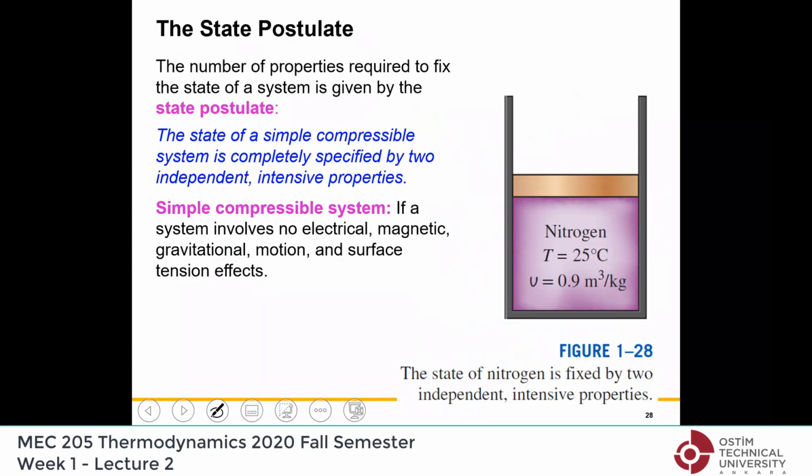Now the question often arises: to fix the state, how many properties do we need?